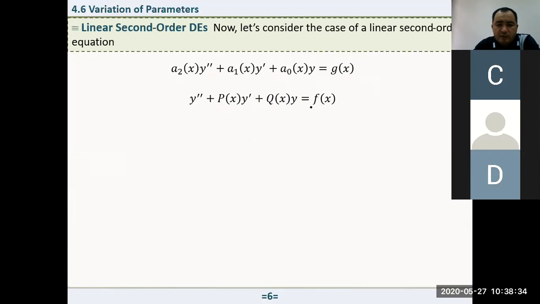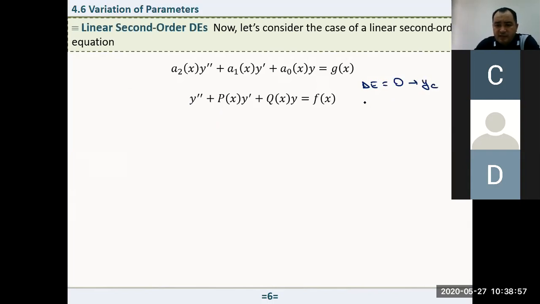Now, if you remember how we solve this when the coefficients are constant, we divide this into two steps. In the first step, we solve the homogeneous part, where the differential equation is equal to 0. This gives us the complementary solution.